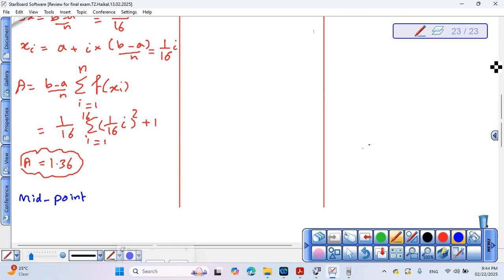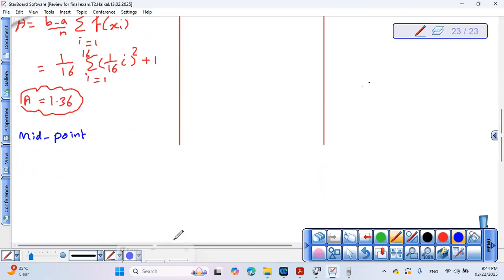Also, the general formula for the midpoint: delta x, b minus a over n, equals 1 over 16. x c i equals half of x sub i minus 1 plus x sub i.